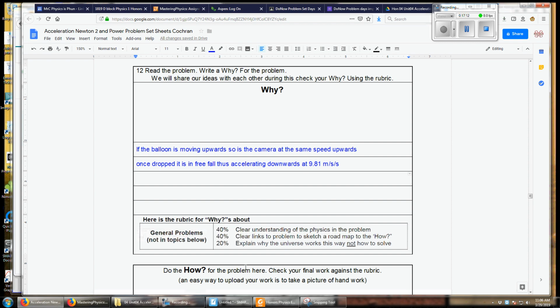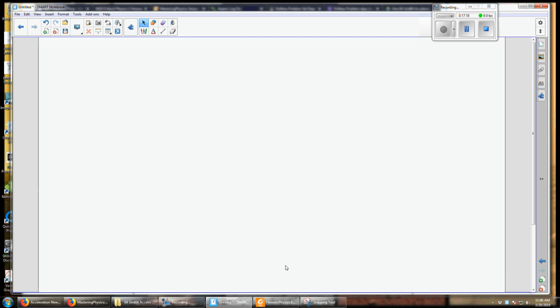This one I might actually do a little drawing just to help myself think about it, right? I'm thinking here's the balloon, and it's moving up like this at some speed. The camera is going to start here, and it's moving up at some speed v.